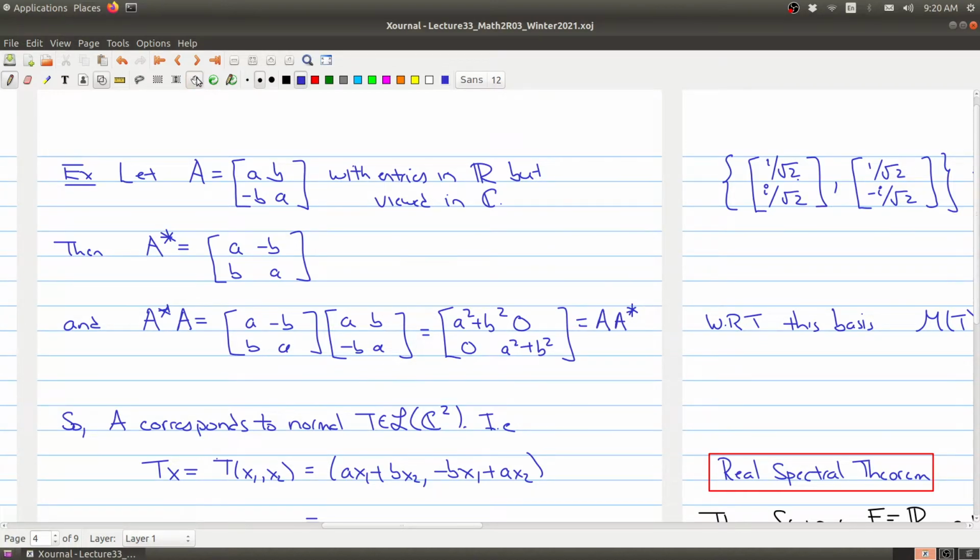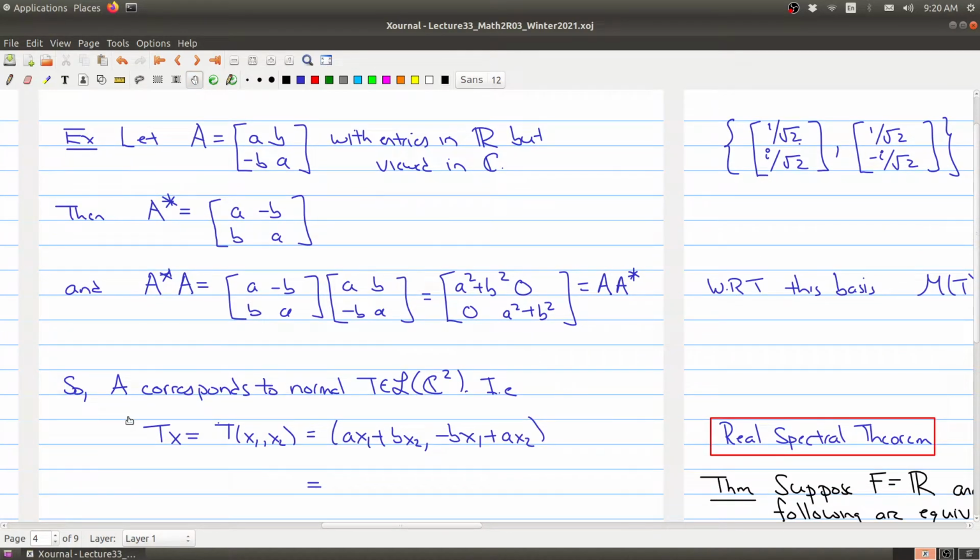So what's really happening here is that this matrix A corresponds to a normal operator T on the vector space C2.